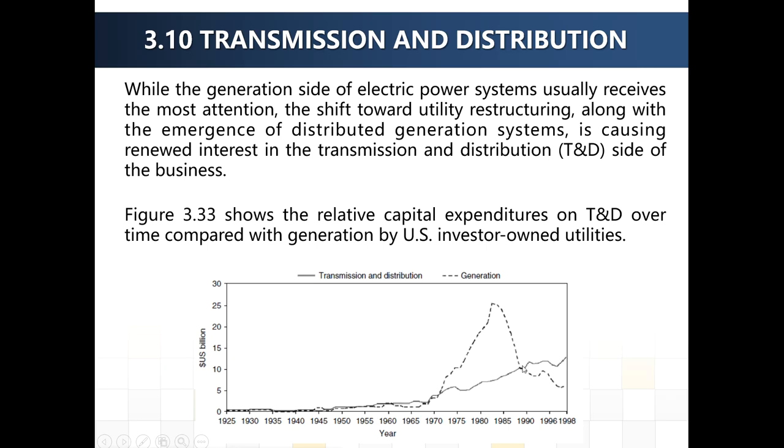Now, after the 1990s, the capital expenditure on generation starts to decline, below the expenditures on transmission and distribution, which means transmission and distribution capital expenditure continues to rise. After the 1990s, it has become the main business of the power system.